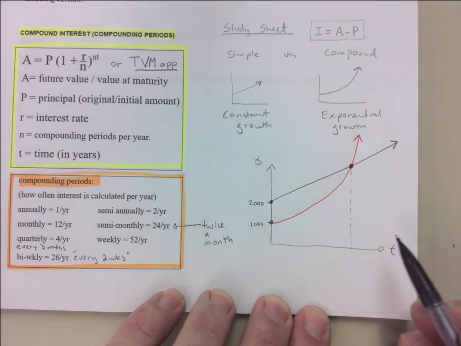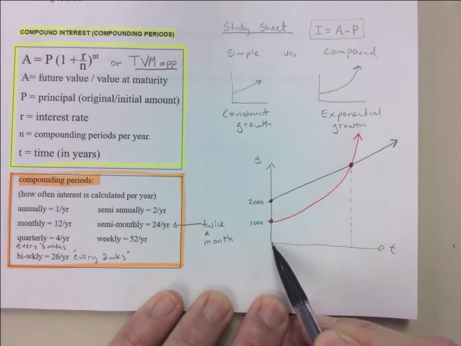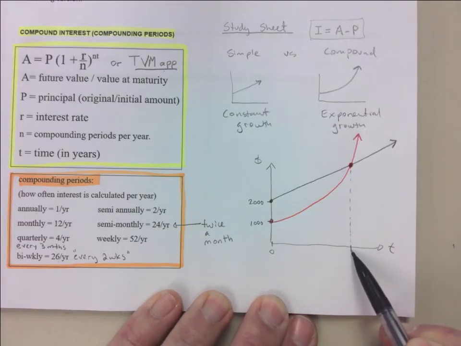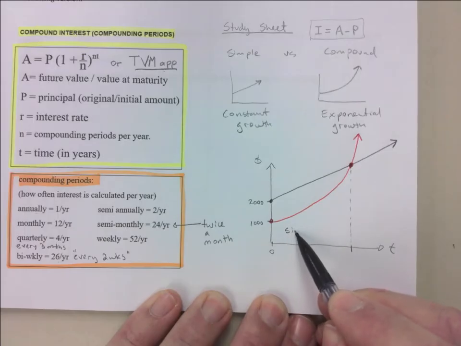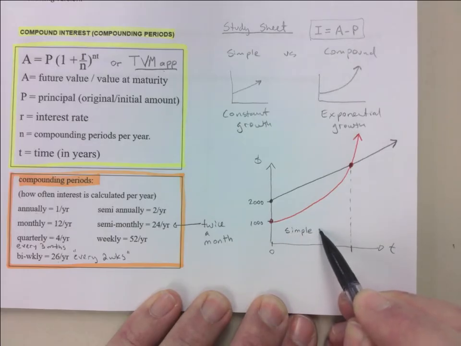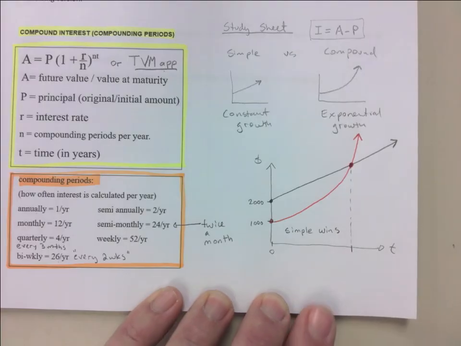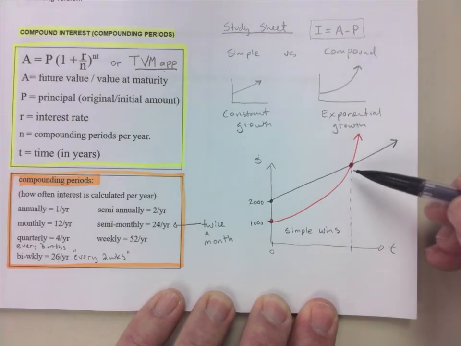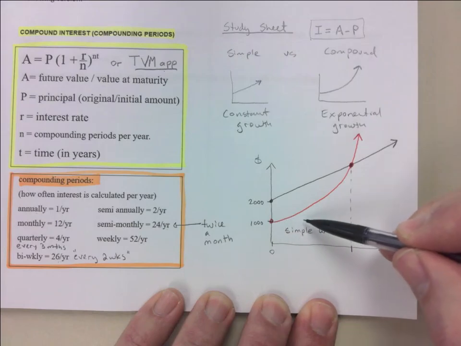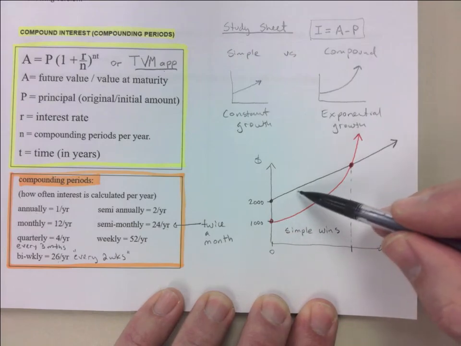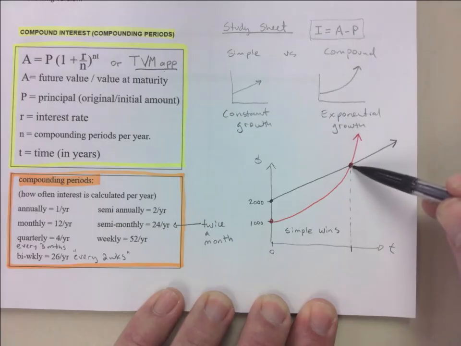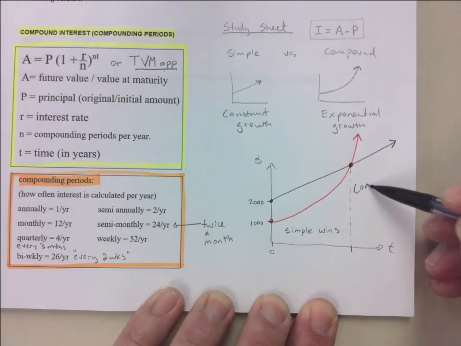Okay? Up until that point, from the very beginning to wherever this, simple is better. I will call it simple wins. But after, as time goes by, simple is better, but then all of a sudden, it's the compound one that wins.